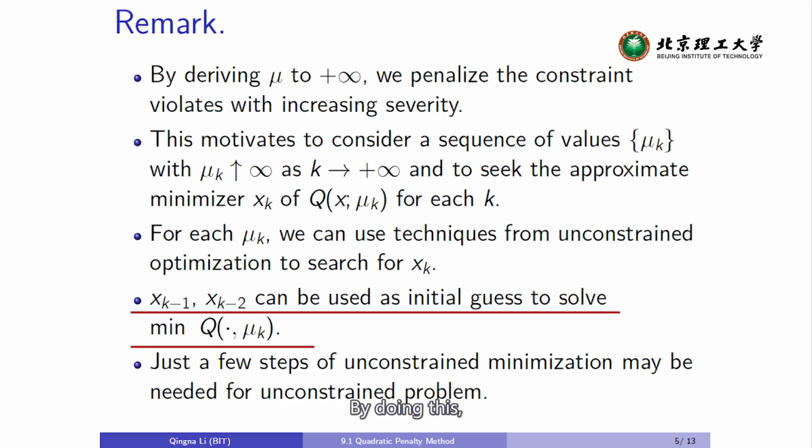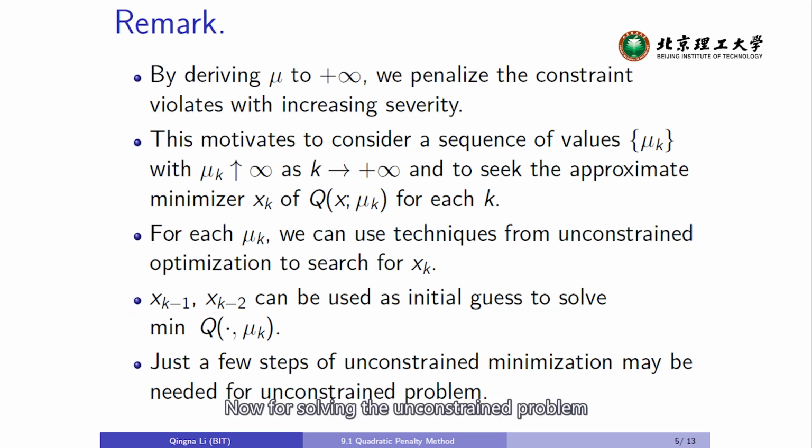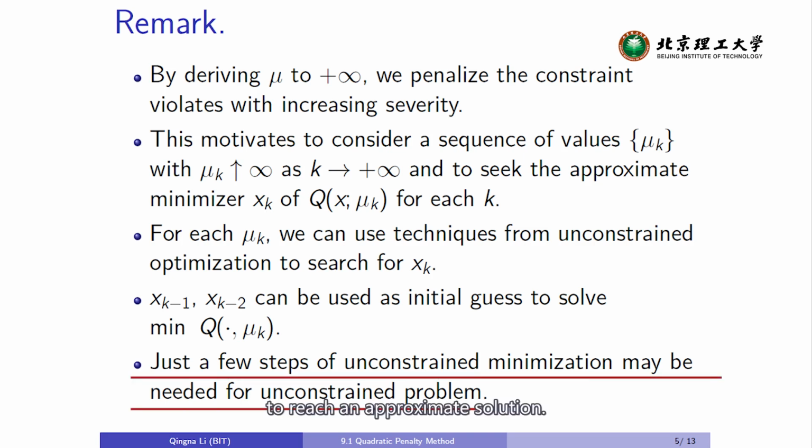By doing this, we hope that the limit point of the sequence will converge to the optimal solution of the original problem. For solving the unconstrained problem inside the outer loop, we can use just a few iteration steps to reach an approximate solution. So we do not need to solve the unconstrained problem exactly to the optimal solution. We just solve it using a few steps. That's enough.